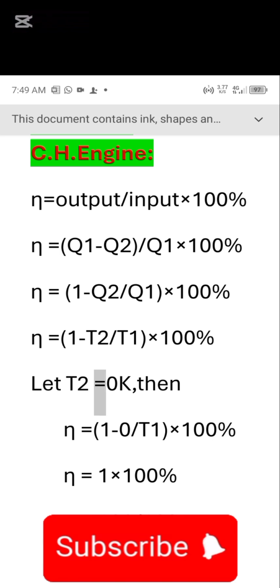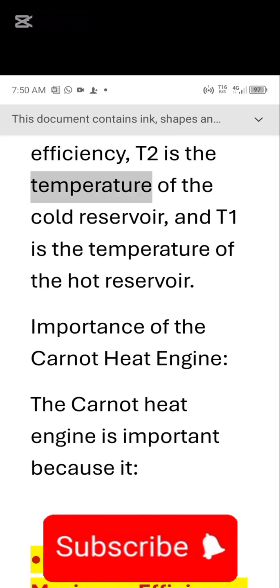Let T2 equal 0 K, then η equals 100%. Where η is the efficiency, T2 is the temperature of the cold reservoir, and T1 is the temperature of the hot reservoir.